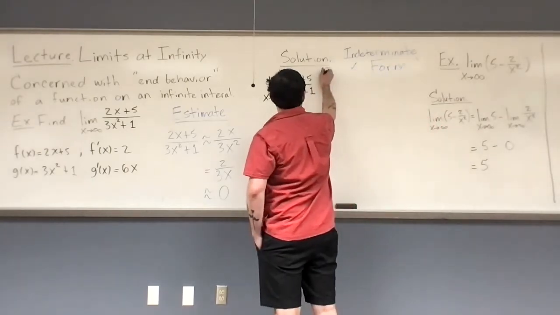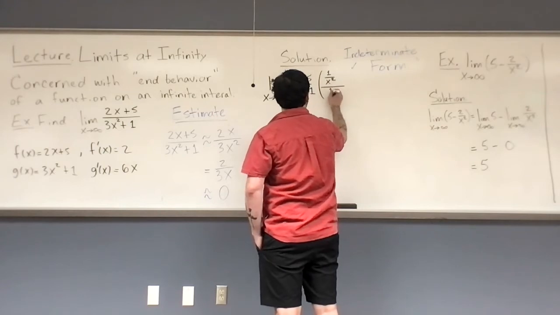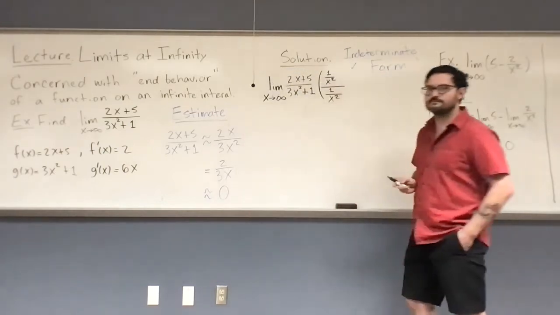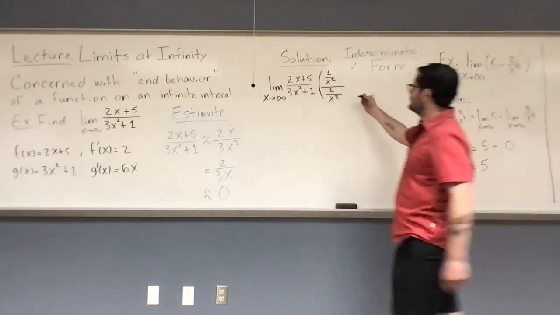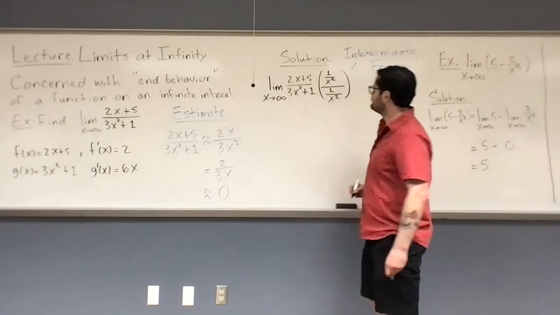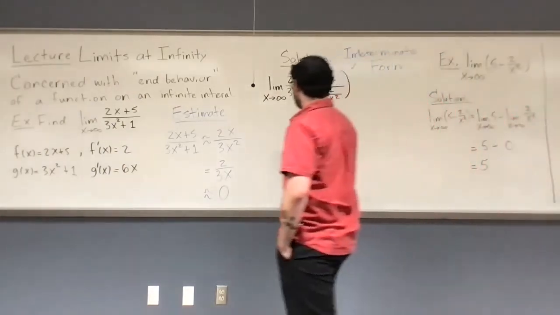So we're going to multiply by 1 over x squared divided by 1 over x squared. Oh, I need to close off my parentheses. Okay, so then what does this equal?